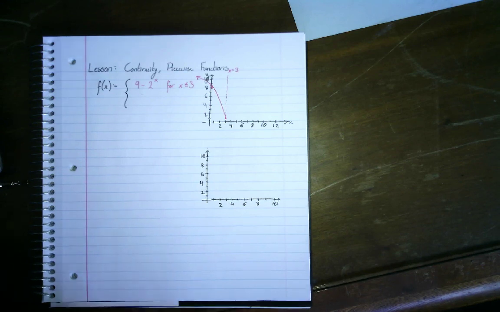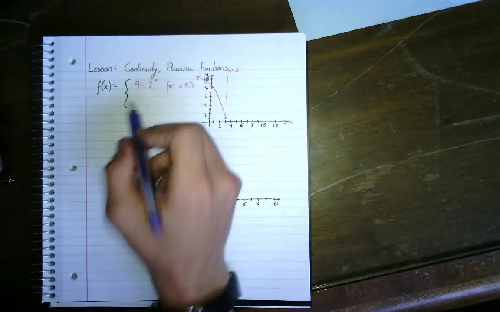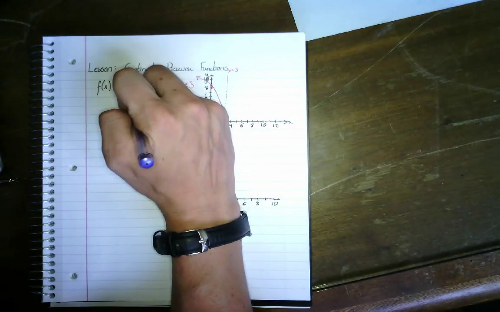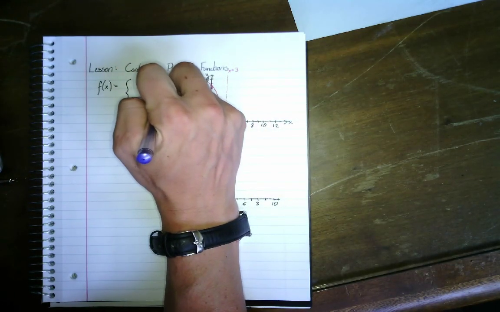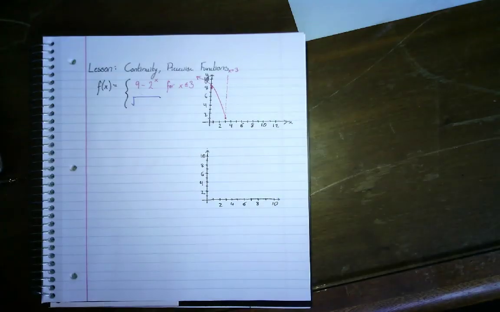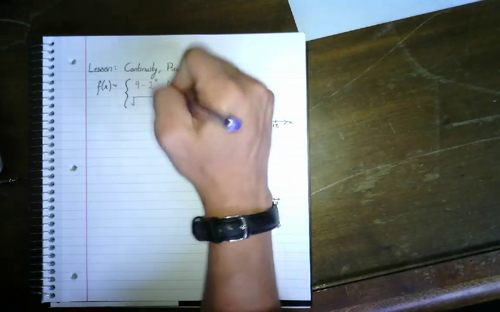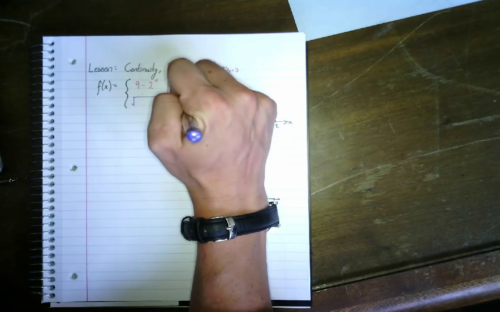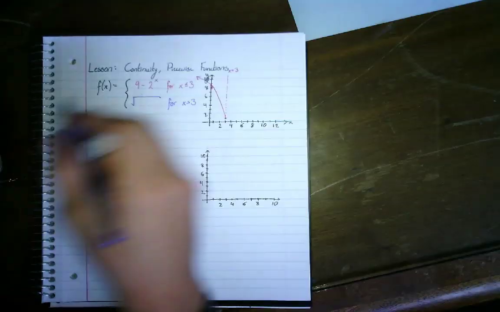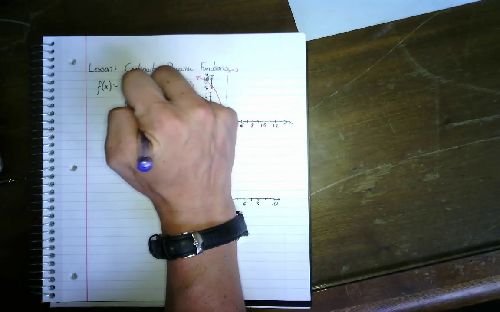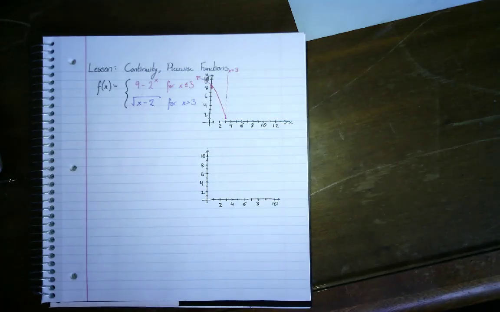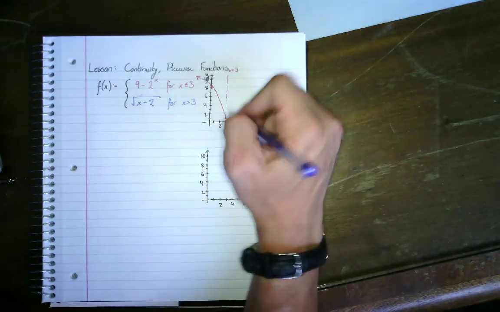Okay, so for the next part of our piecewise function, we're going to follow a different rule when we go to the right of this boundary, or to values where x is greater than 3. In this case, we're going to take the square root of x minus 2. What that looks like, we kind of saw it before.